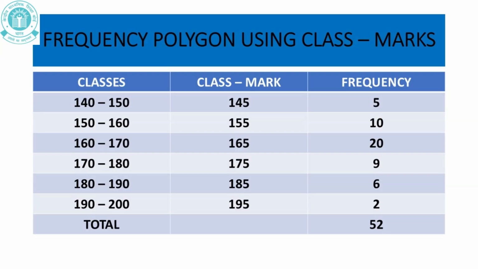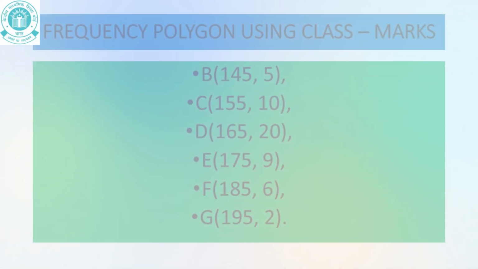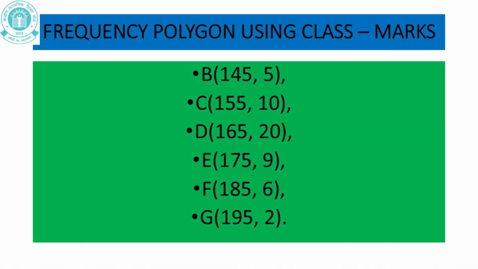We have to plot the points which are combinations of class marks and frequencies as B (145, 5), C (155, 10), D (165, 20), E (175, 9), F (185, 6), G (195, 2). Then we join these points by line segments.